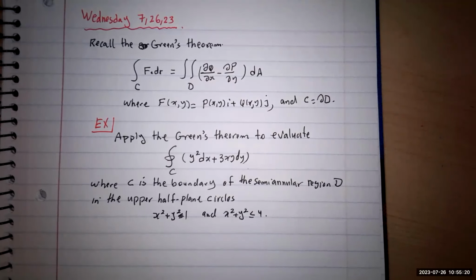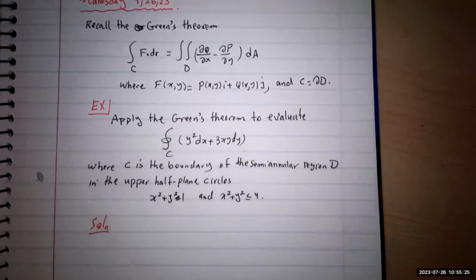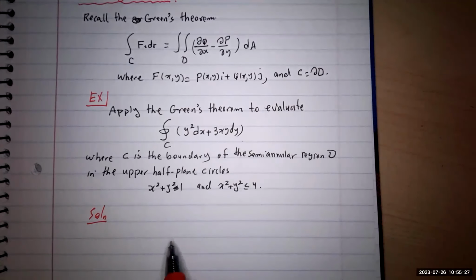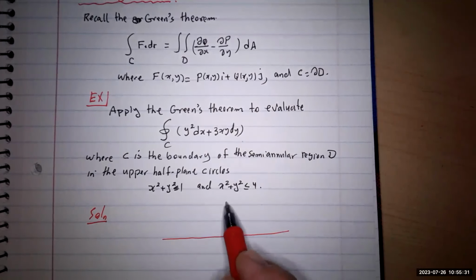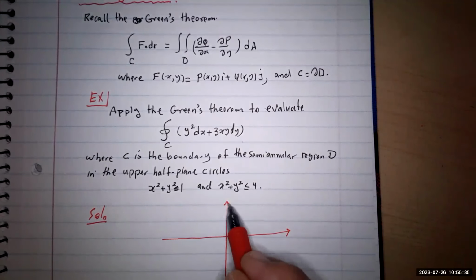So let's draw this domain to make sure we know what we are going to do. We get these two circles. The smaller one has radius 1, and the second one has radius 2.